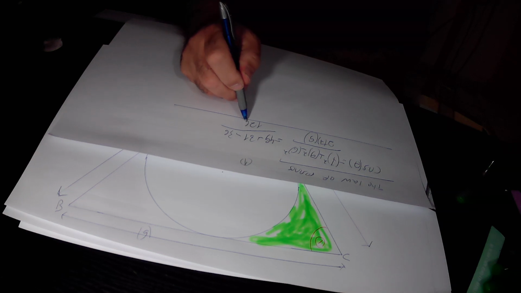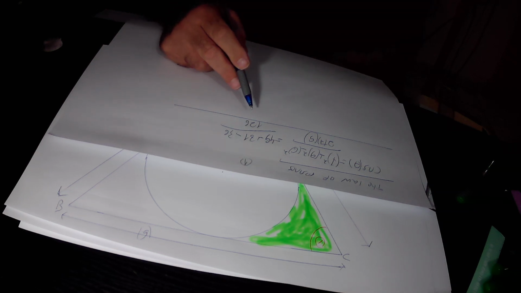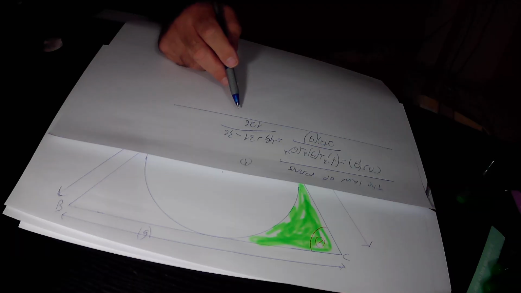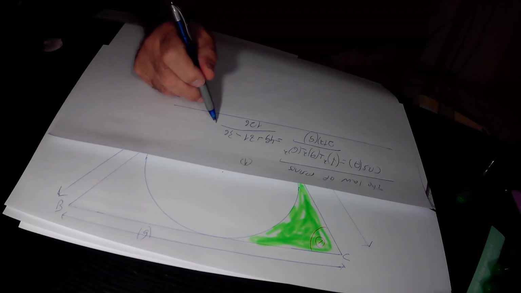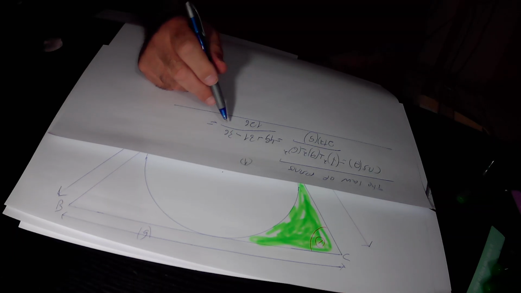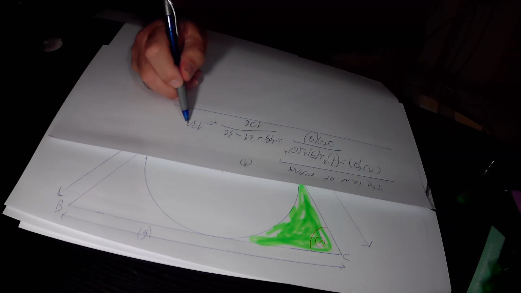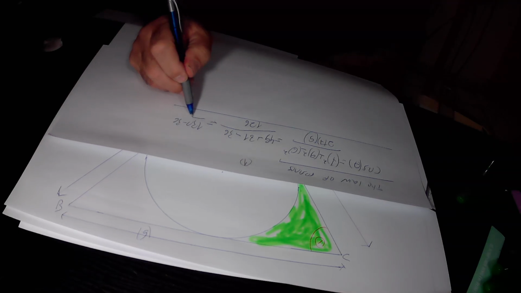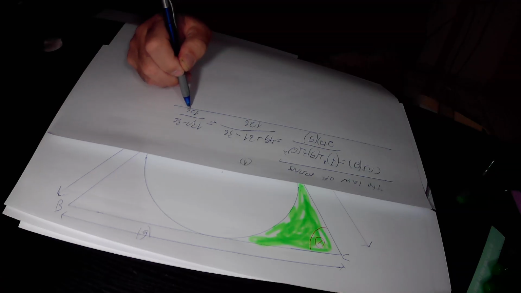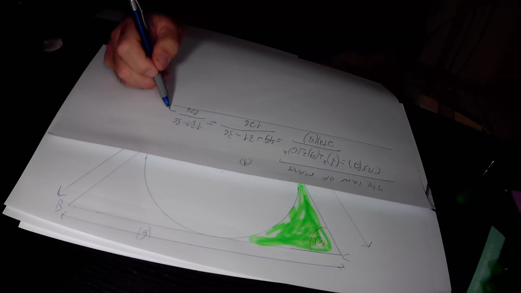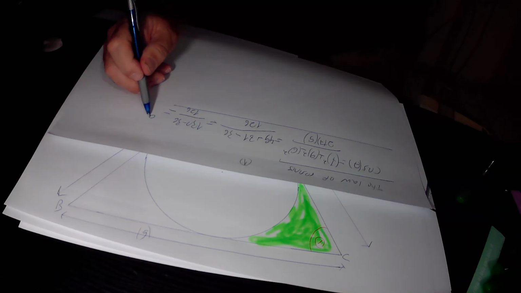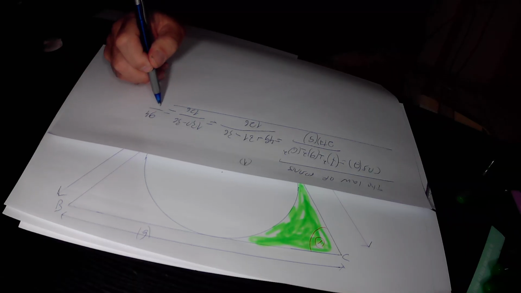So in total, cosine theta equals 49 plus 81 minus 36 over 126. 49 plus 81 is 130, minus 36 is 94 over 126.